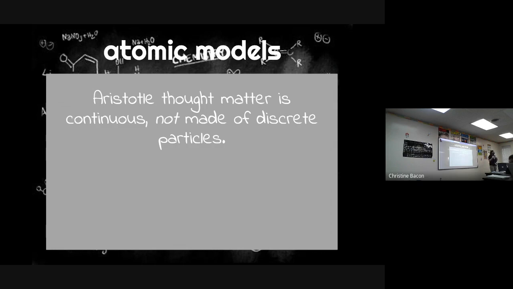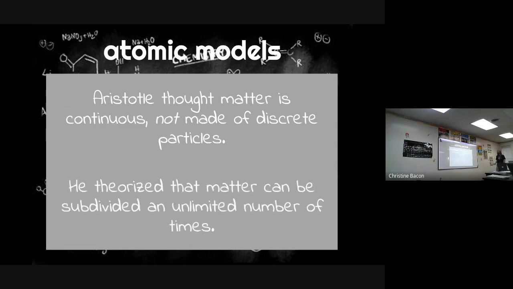Okay, and as far as we know now, you can't. The farthest that we can divide matter is into a quark, Q-U-A-R-K. We're not going to talk about that in this class. But this is what Aristotle thought, that matter could be subdivided indefinitely. You can subdivide it an unlimited number of times.